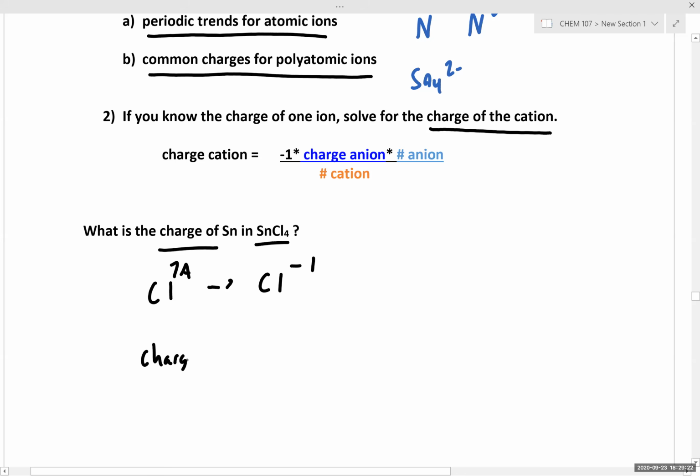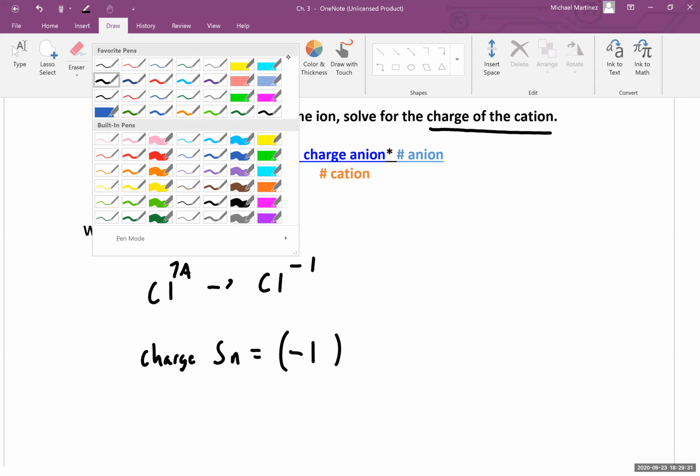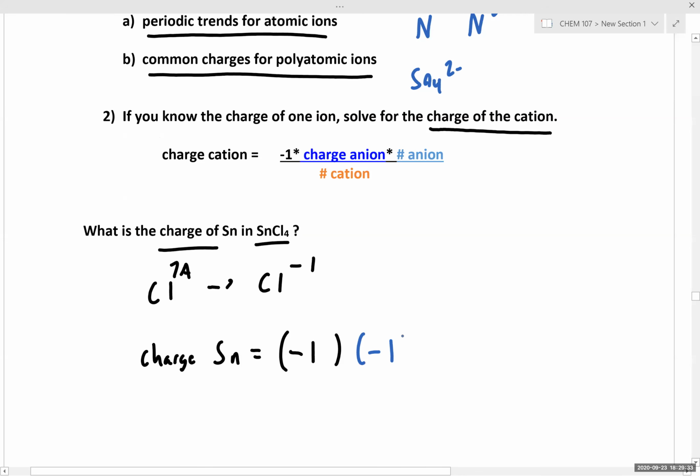So then, if we're solving for the charge of tin, we take -1 times the charge of our anion, which is -1, times the number of our anion. And how many chloride ions do we have?